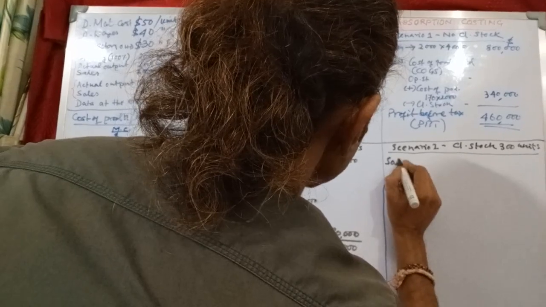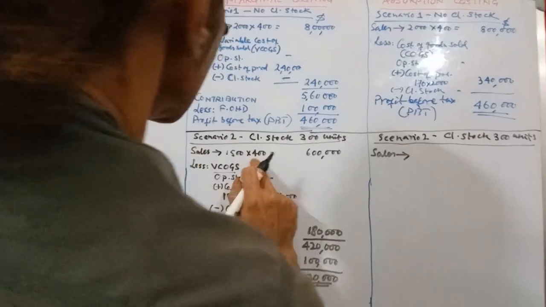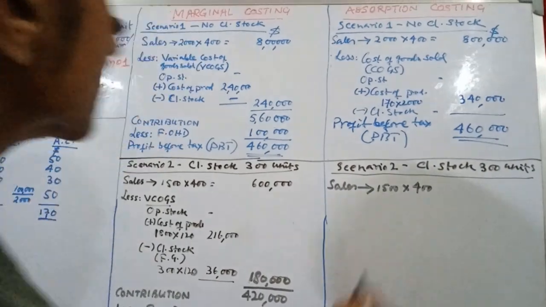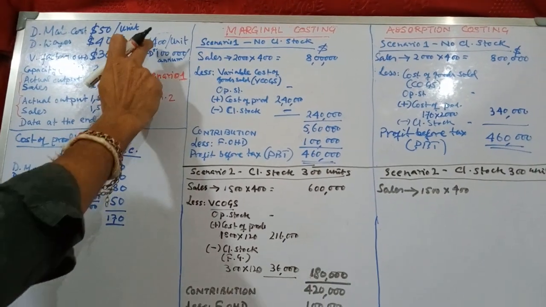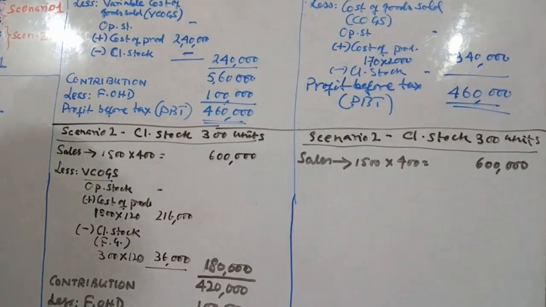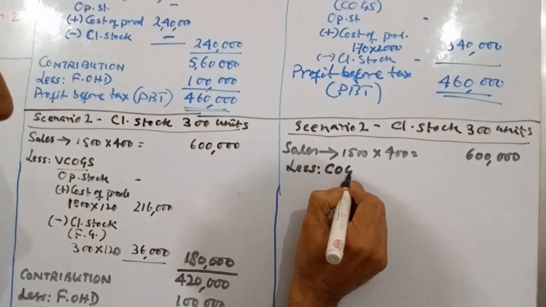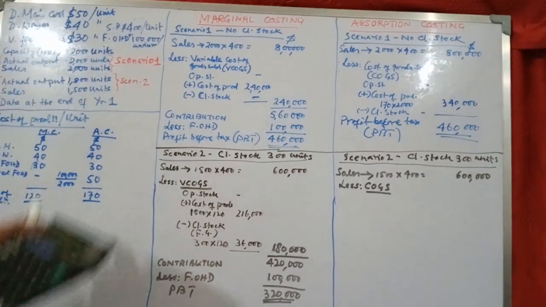Same format, sales, same. 1500 into 400 gives us 600,000, less cost of goods sold, not variable cost of goods sold, as we have done under marginal costing.